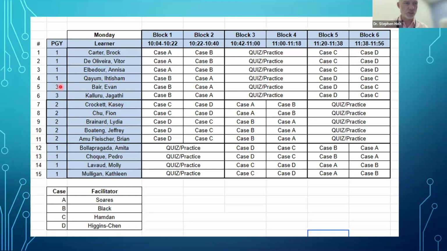And you can see this involves PGYs 1, 2, and 3, and I would always have 4 instructors, one at each station. As you can see, these are about 18-minute blocks, give or take, as they march through the workshop.